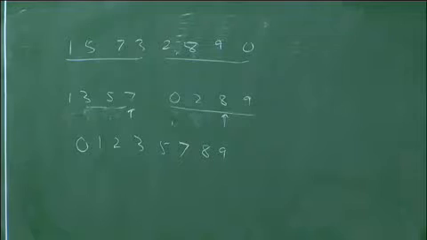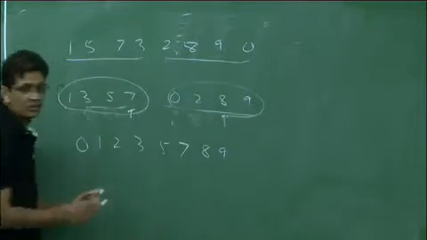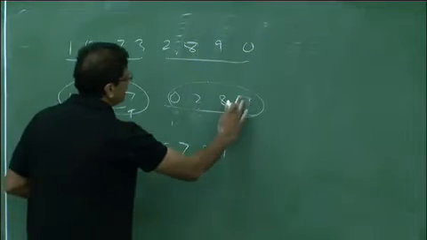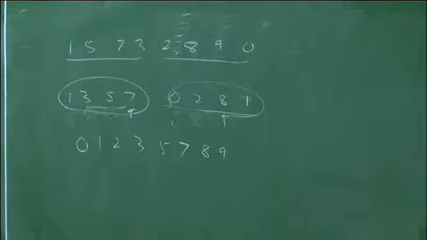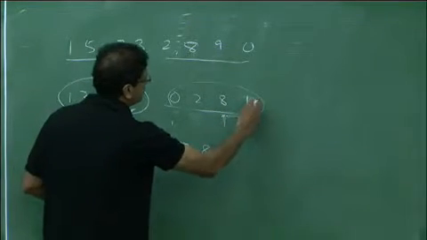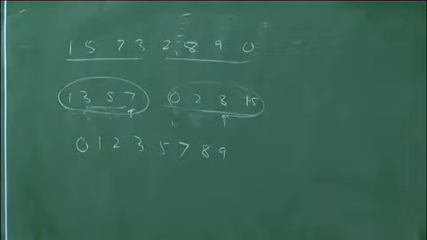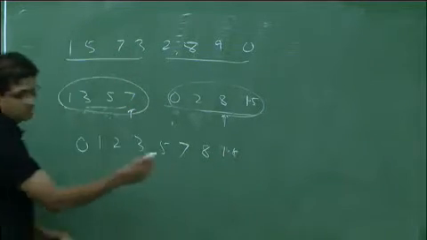Now, the important part is this only worked because this list was sorted and this list was already sorted. For example, suppose this number was 1.5 instead of 9, then this algorithm is not going to work, because you will copy 8 and then you will copy 1.5, and this list is no longer sorted.